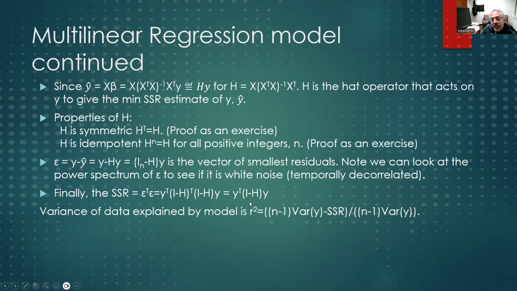Similarly, if you've ever done an R squared fit in Excel where you get an R squared value, you can do the same thing here. You can calculate an R squared and get a number between 0 and 1 that tells you how much of the variance of Y is being captured by Y hat. When all the variance of Y is captured by Y hat, it means there's no leftover residual sum of squares and you've perfectly fit the data.